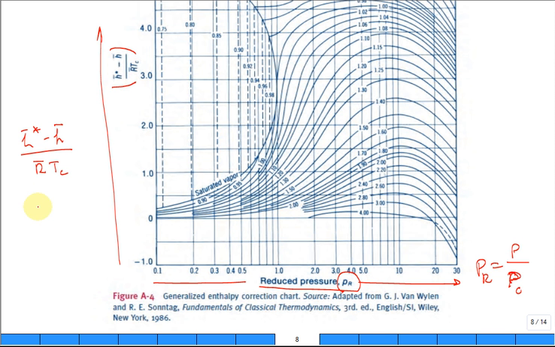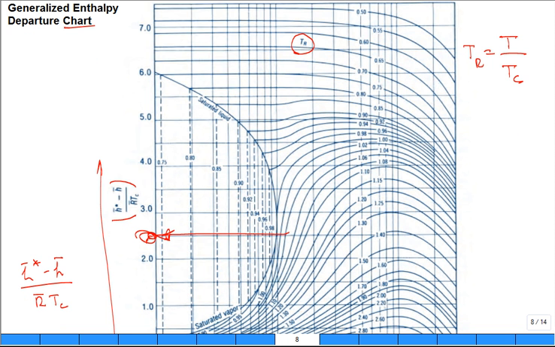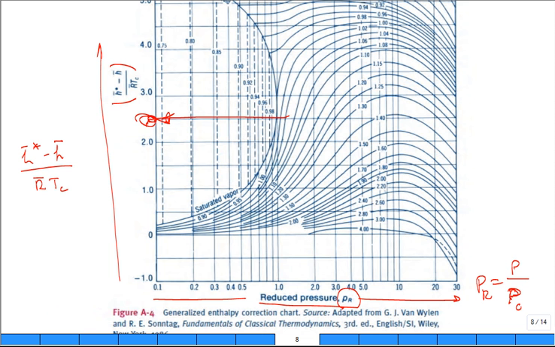So what you're typically going to do is come in and read off this chart and pick off a value and use that value. Oh, it's 2.5, something like that. Here are lines of constant TR, that's the actual temperature divided by the critical temperature. So this Y is read by first coming in with the PR.